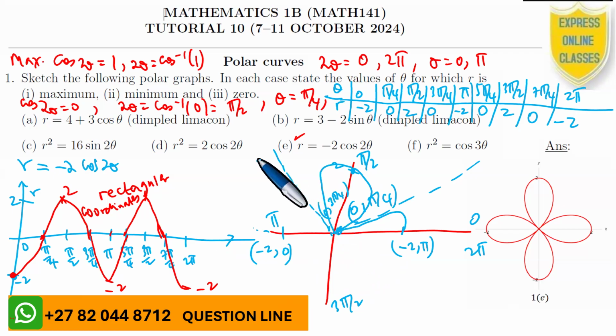From 3 pi over 4, which is this one, it is 0, and then there's an increase in the magnitude.